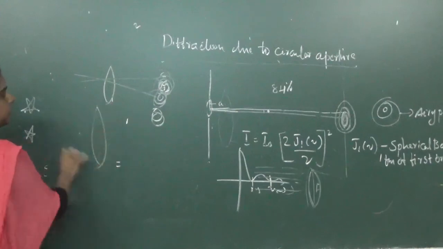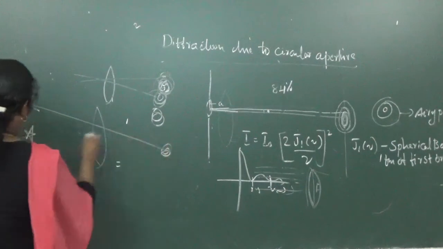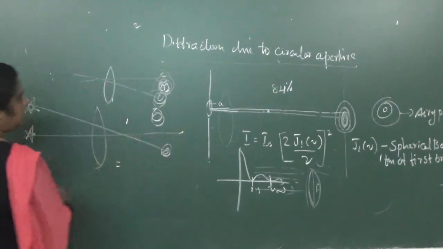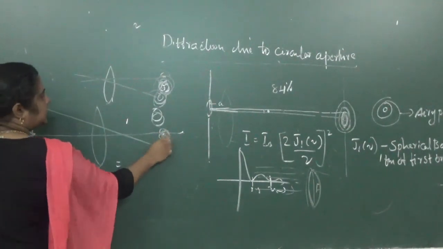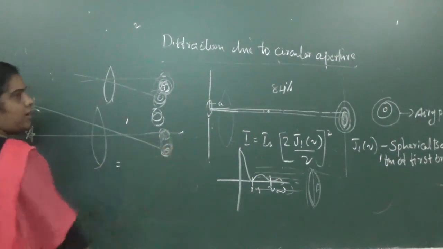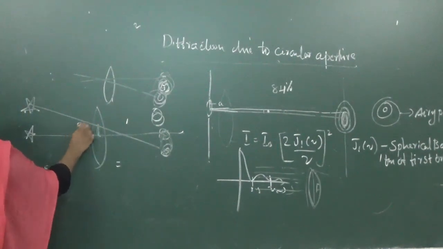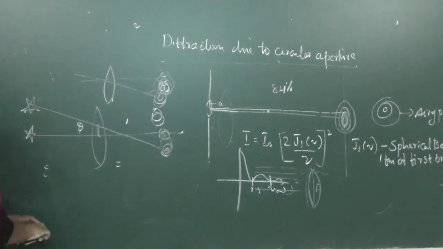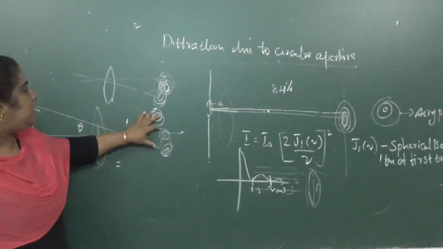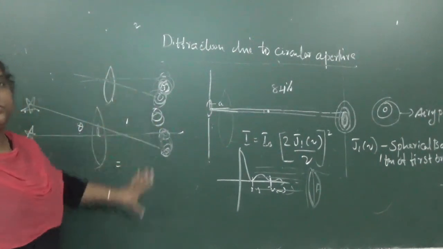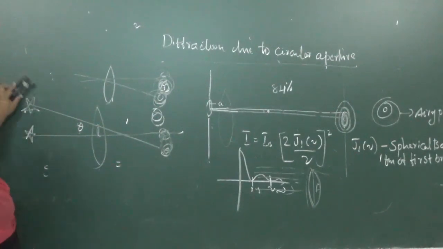You are using some objective lens for the telescope. Then the image of the stars from here, then the image of the stars from here. Then there is a chance of overlapping of these two images. So what will be the minimum angular separation between these two objects so that these two images are just resolved? What is the condition for that?